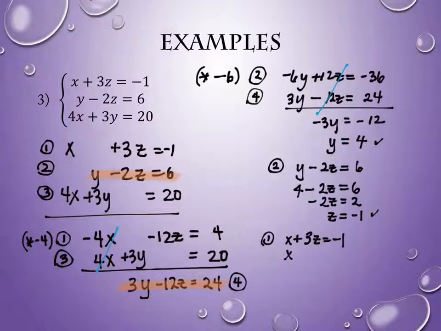X is what we don't know. Z is negative 1. So this is x minus 3 equals negative 1. What is x? It's 2. And your ordered triple then is 2, 4, negative 1.